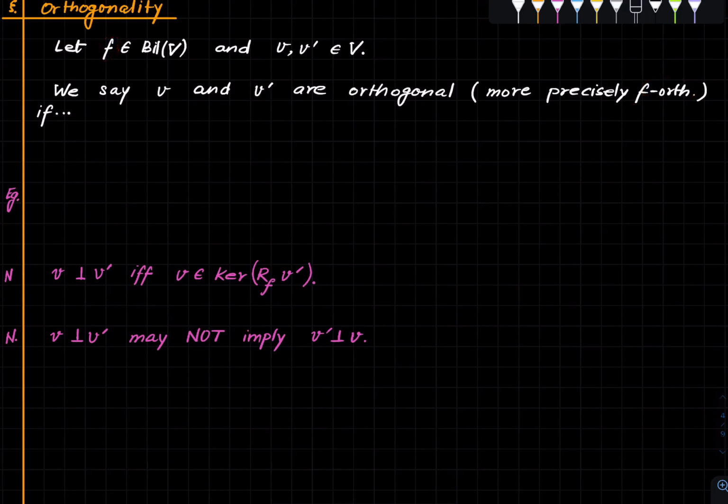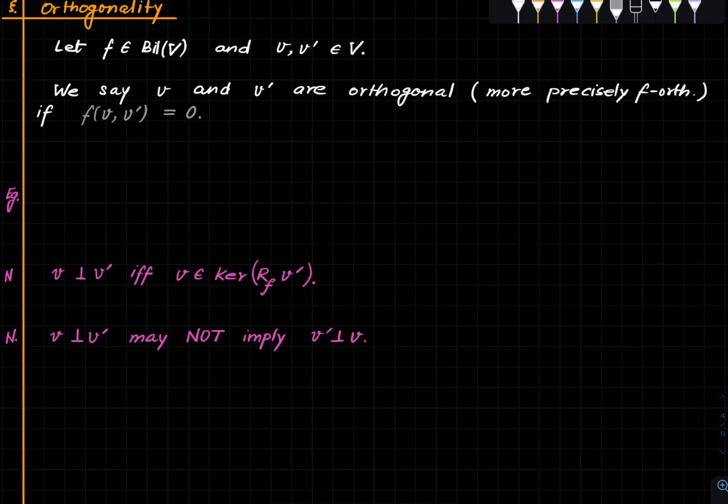But if we were dealing with multiple bilinear forms, then when we say orthogonal, we should mention with respect to which bilinear form. Here, since the bilinear form is fixed, I have put it in brackets. So we say V and V prime are orthogonal if this happens, right? So this is a natural definition of orthogonality.